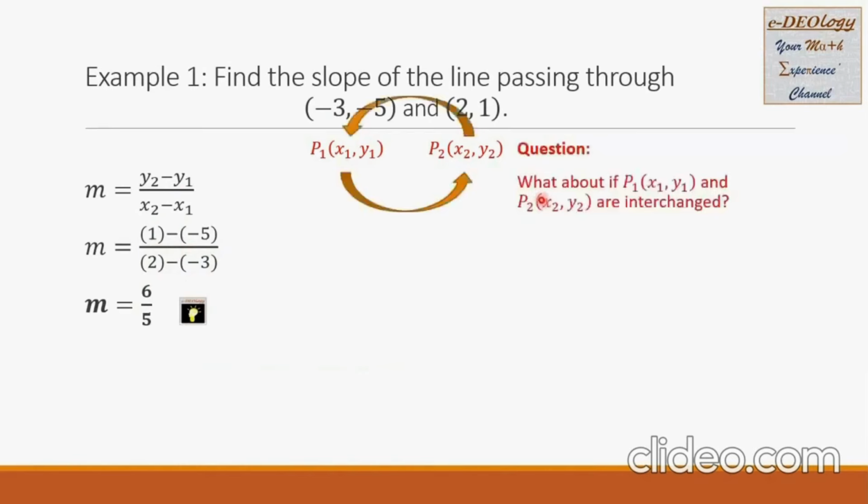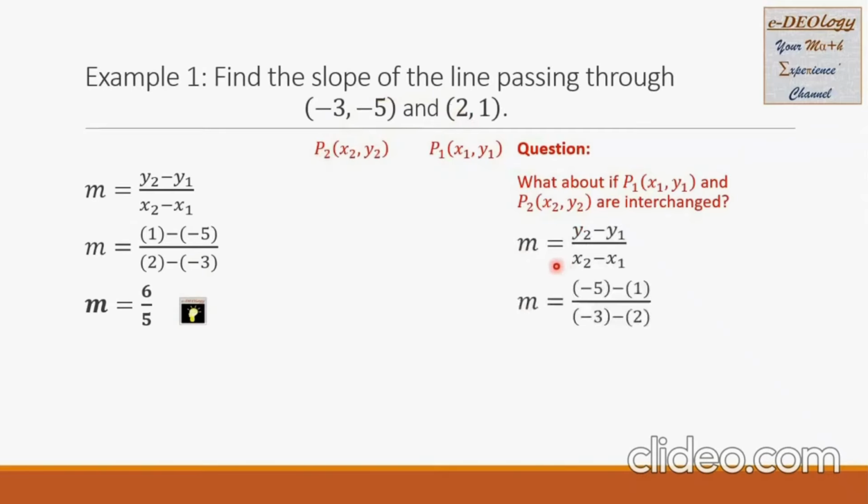We have one question here: what if P sub 1 and P sub 2 are interchanged? It means, what if we take the first point to be P sub 2 and the second point to be P sub 1? Let us solve this. Let us write the formula of the slope, then collect the corresponding numbers.